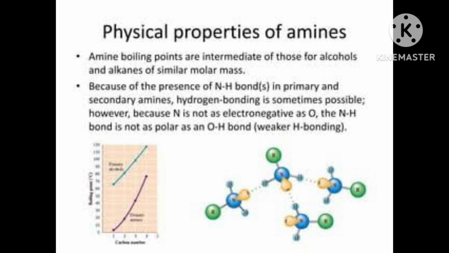Considering the electronegativity of nitrogen of amine and oxygen of alcohol: it is 3.0 for nitrogen in amine, and 3.5 for oxygen in alcohol.